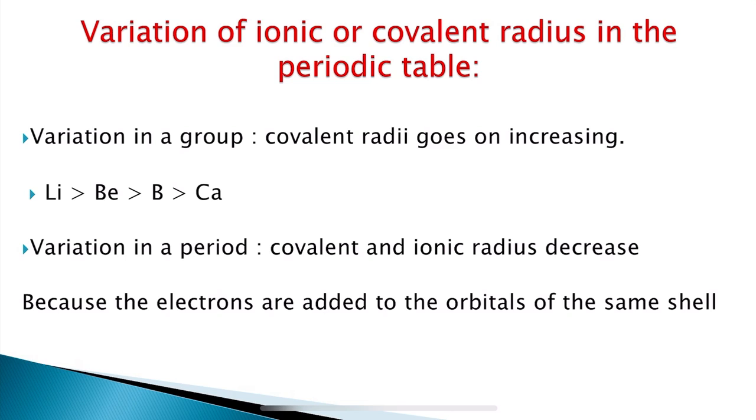As the principal shell remains the same, the effective nuclear charge increases as we move from left to right in the periodic table. So, this is the trend observed in the periodic table considering the variation of ionic or covalent radius.